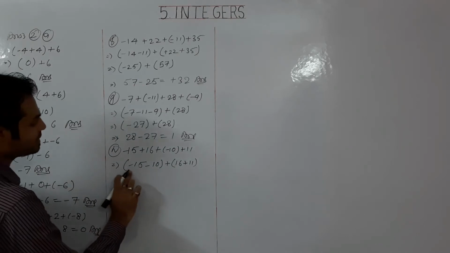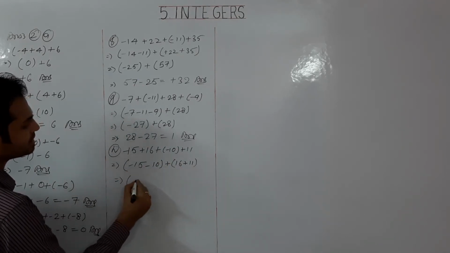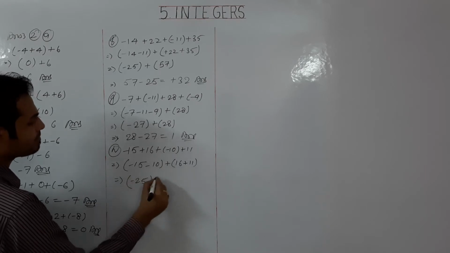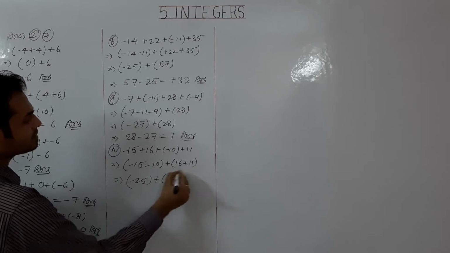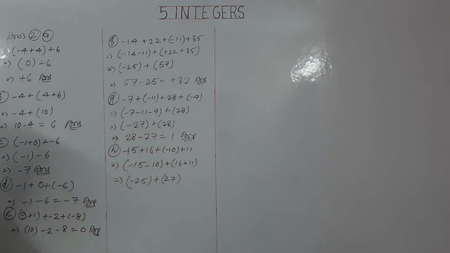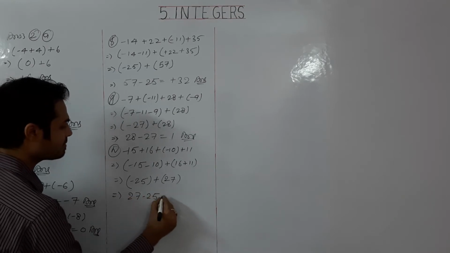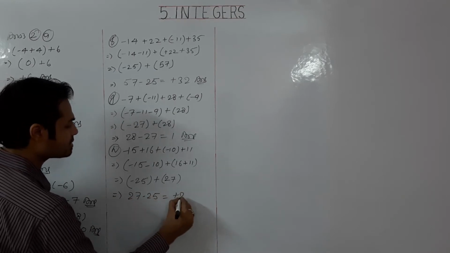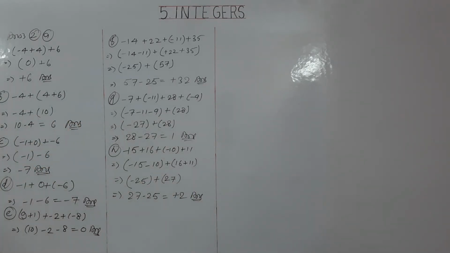So first group of negative numbers, second group of positive numbers. Minus 15 minus 10 is minus 25, plus 16 plus 11: 6 plus 1 is 7, 1 plus 1 is 2, so 27. 27 minus 25 is equal to plus 2. 2 or plus 2 is the answer.